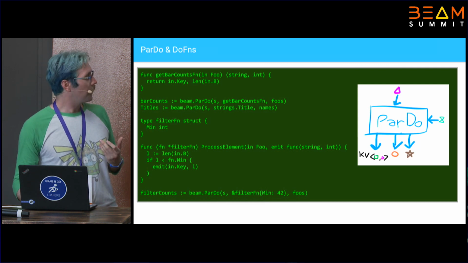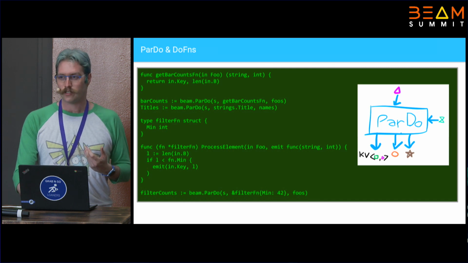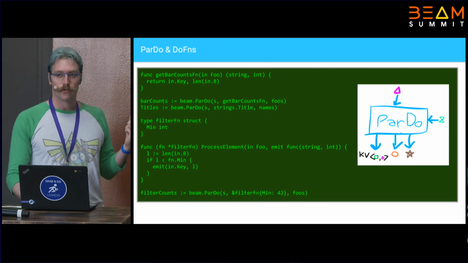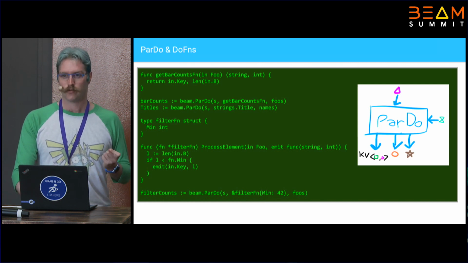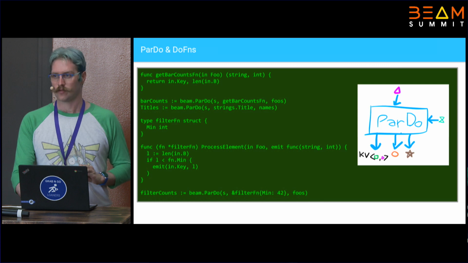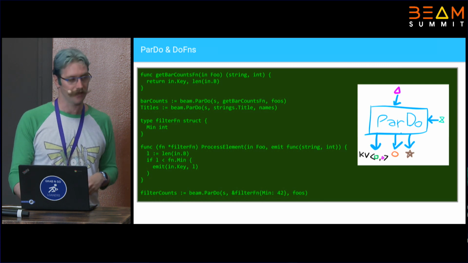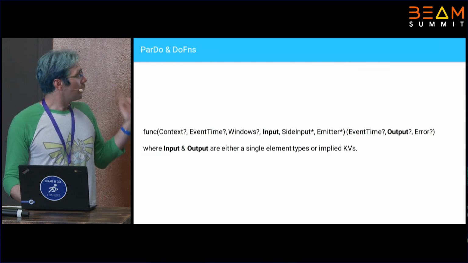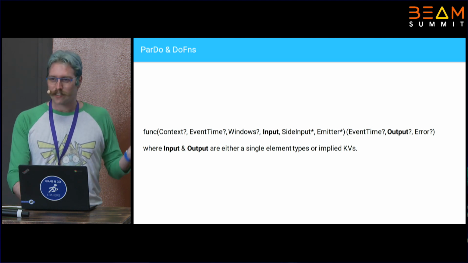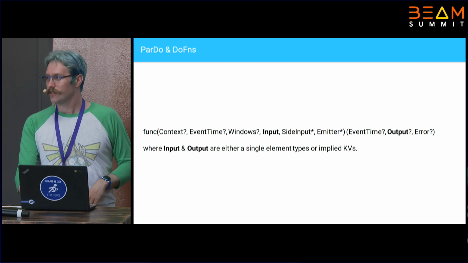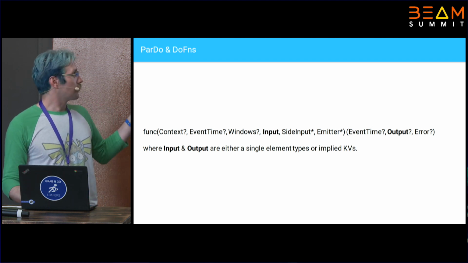This is because the authors of the Go SDK wanted to make sure that you could use your Go types in a more natural way, as opposed to forcing everything to adhere to some specific interface ahead of time. So what this diagram is supposed to indicate is the rough regular expression that your ProcessElement method can take in. You can take in a regular Go context.